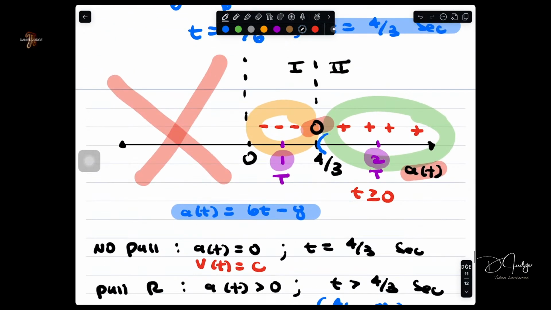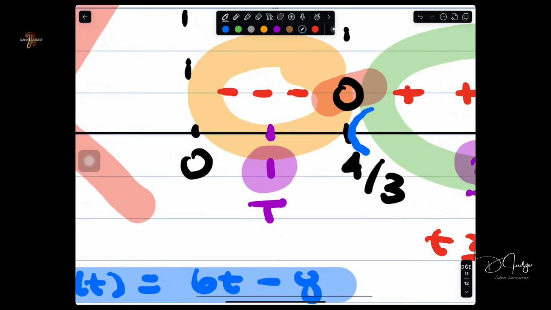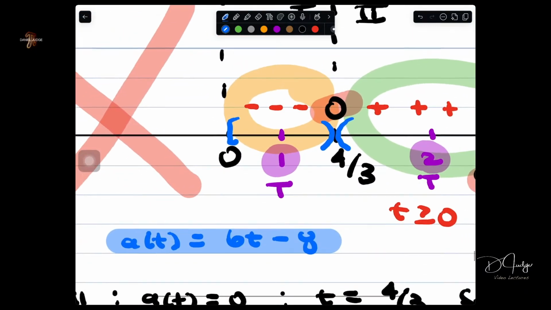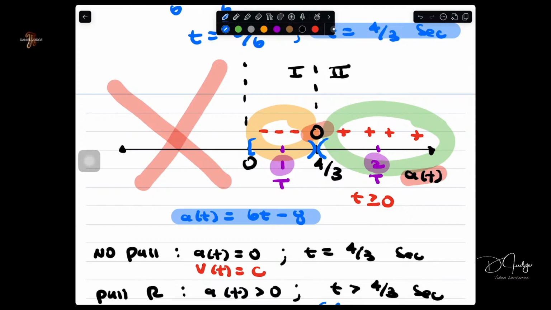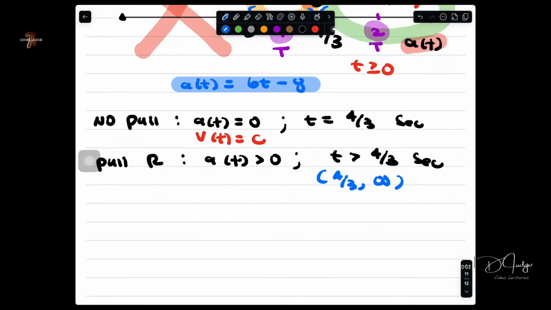Okay. Pull to the left now, negative acceleration. Now, we include 0 here. Okay, and that's an open parenthesis at 4/3 because at 4/3, acceleration equals 0. It's not negative. 0 is not positive. 0 is neutral.